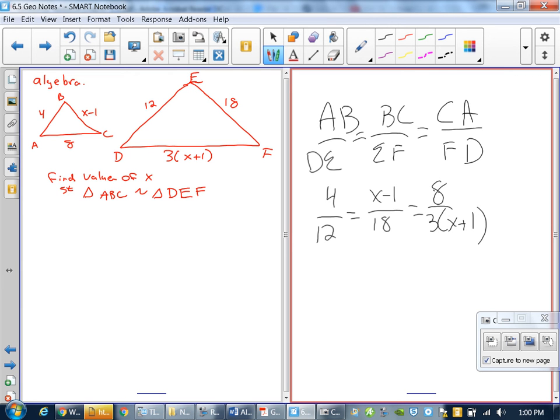Is there enough information there to solve for x for one of them? Absolutely.